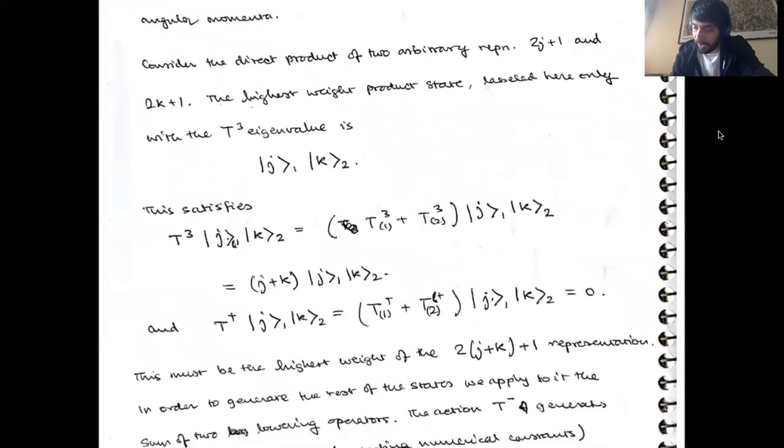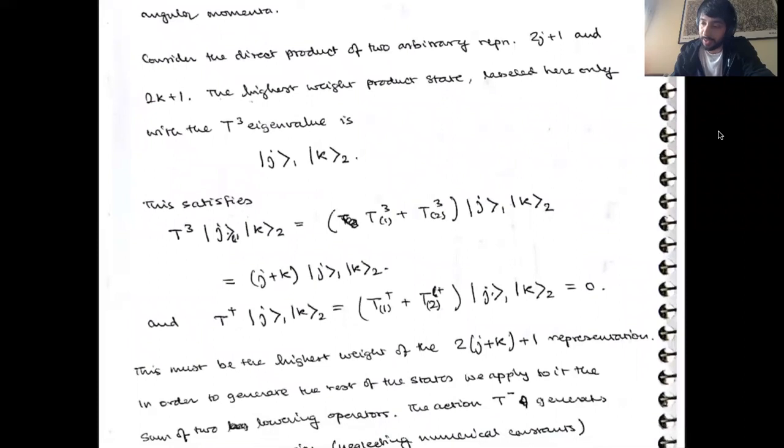Let's look at the direct product of two arbitrary representations. Let's say one of these is 2j plus 1 and the other is 2k plus 1, and the highest weight state is going to be a direct product again, labeled only with the T3 eigenvalue.